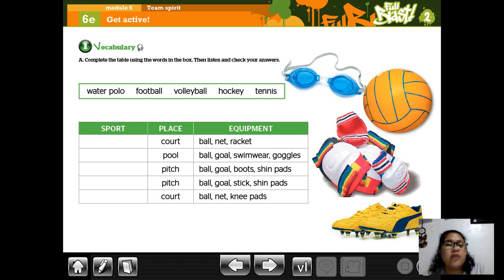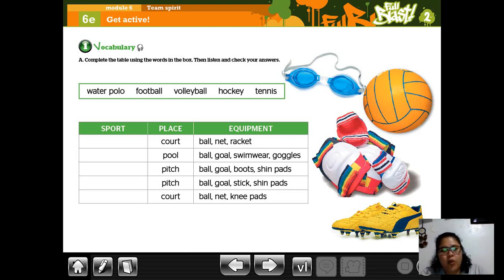We have in the box different names of sports. We have water polo, the one that plays in a swimming pool, and we have football, which is American football, or it could be soccer, kind of, volleyball, hockey, that you play on ice, and tennis.